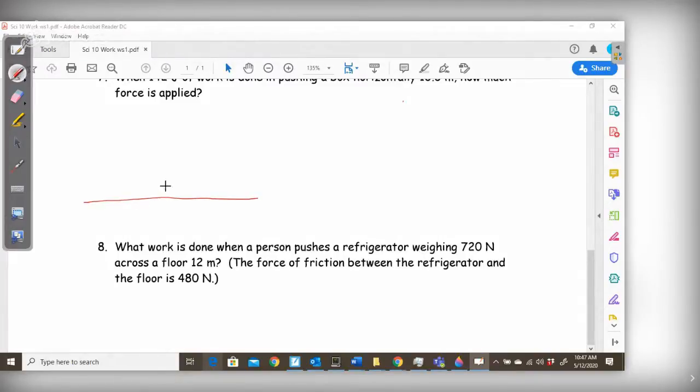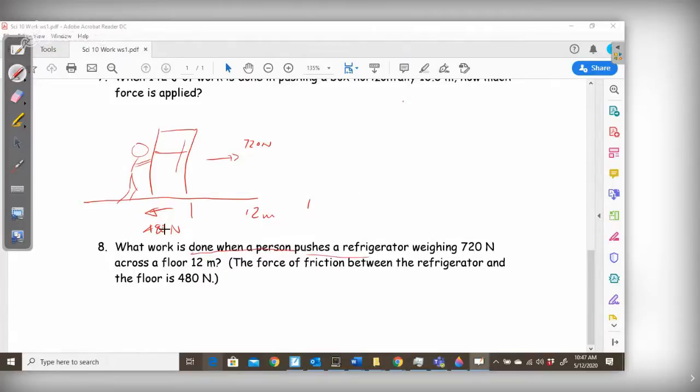So we've got our refrigerator, and we've got this person, and they're pushing the refrigerator with 720 newtons, and it travels a distance of 12 meters, and there's a force of friction of 480 newtons. What work is done when a person pushes a refrigerator?